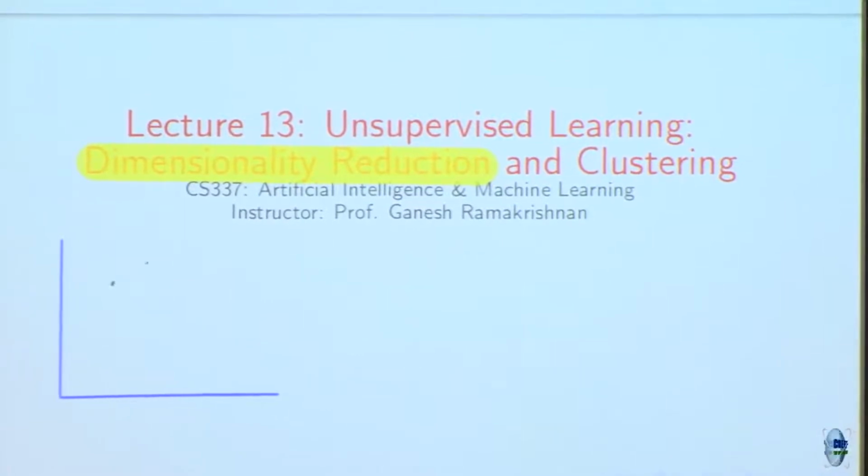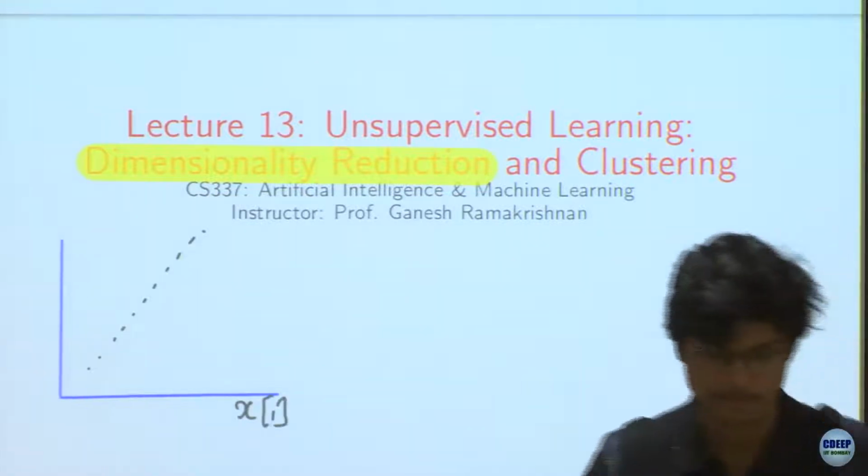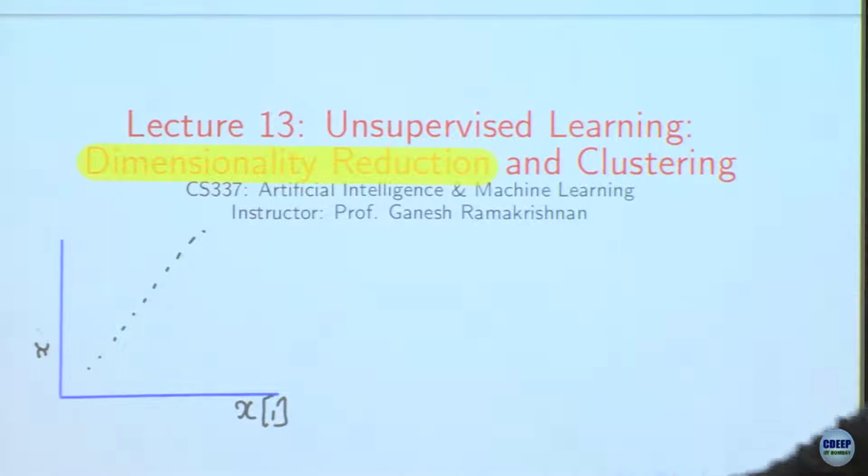In dimensionality reduction, when you are given these points, let me take an extreme example. If these were the points, there's no yi. This is just the first coordinate x1 and the second coordinate x2.